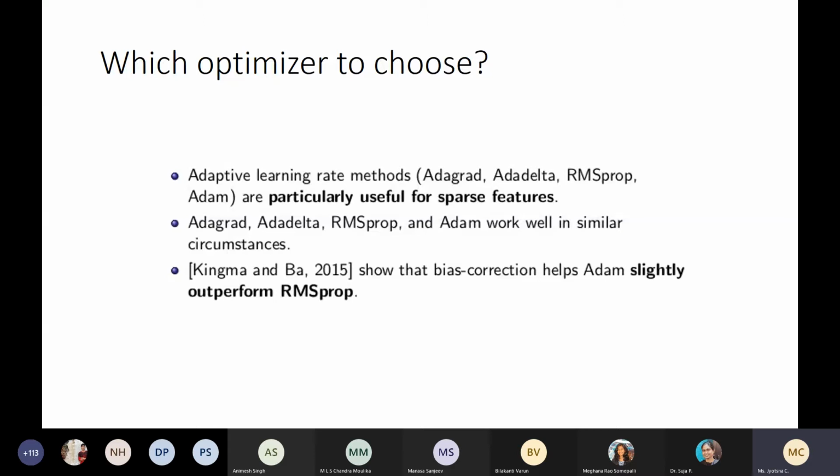But RMS prop is a root mean square method. How they look at the previous gradient, and how much of the previous gradient should be involved in the new formula, varies in each method.